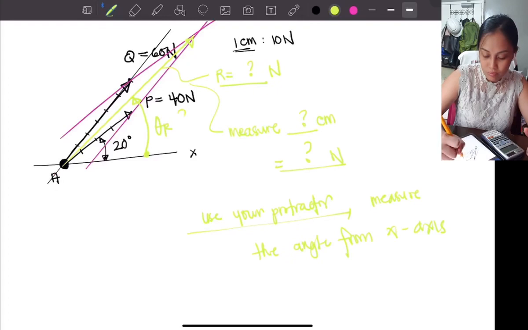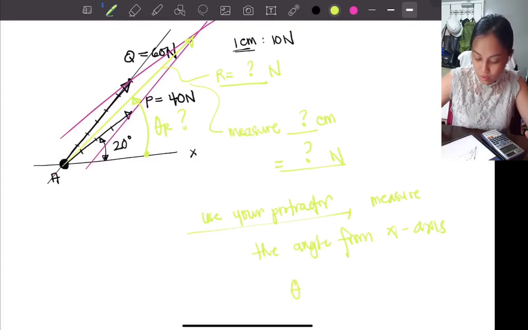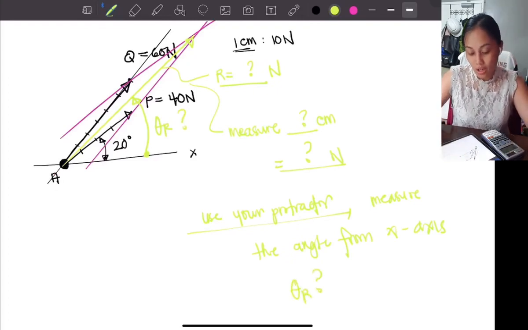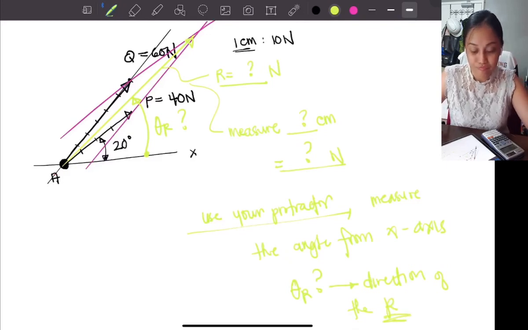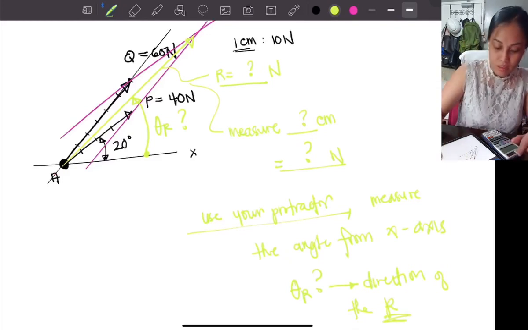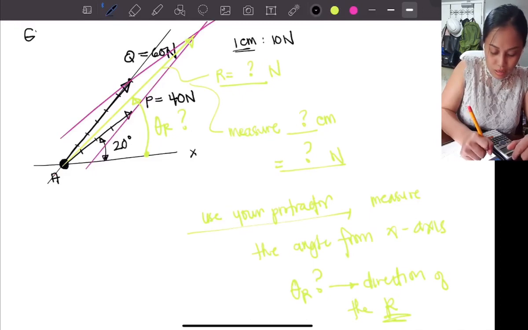So you will get theta R, or the direction of the resultant force. So that's it for the graphical method.